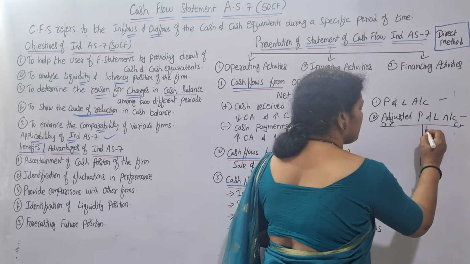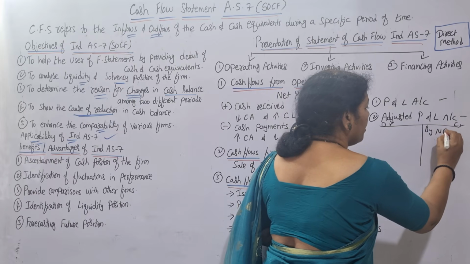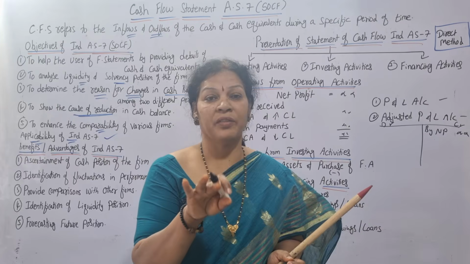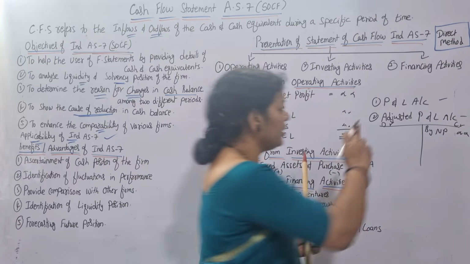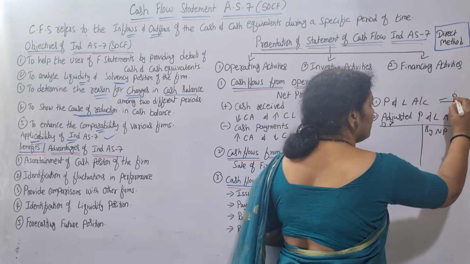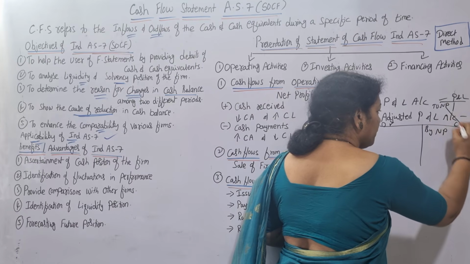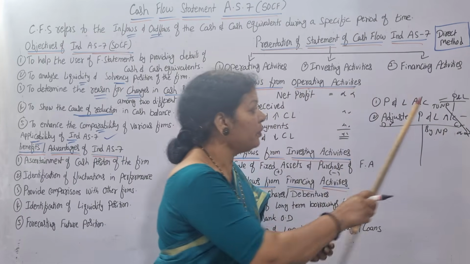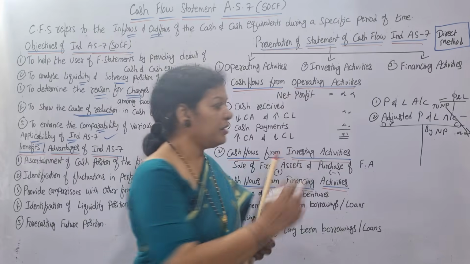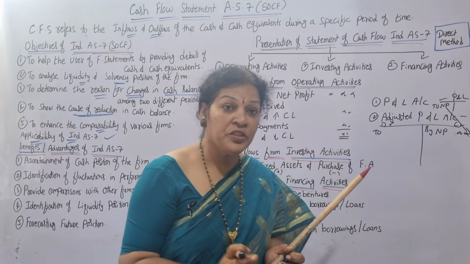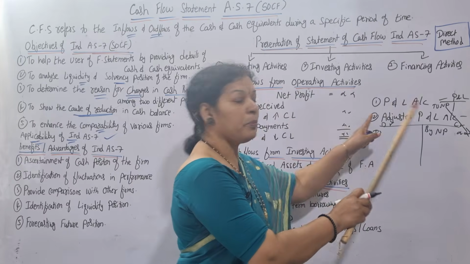Most of the time you will be starting with net profit. How do you get the net profit? Net profit from the profit and loss account debit side. Here in the profit and loss account, you got net profit on the debit side. The same net profit will be transferred from debit to credit. And here you will be writing all the expenses which could not take place in the profit and loss account.